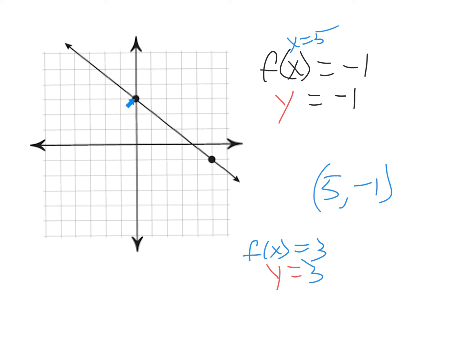We go over here, 1, 2, here's 3 on the y-axis, and we can see on the x-axis that it was 0. So we can determine that x equals 0. So we had, not 3, 0, we had 0, 3. The x was 0, and the y was 3. All right, and that's a look at evaluating functions.